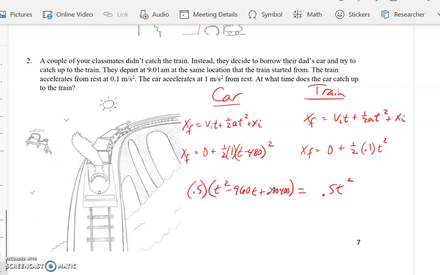That's 480 squared. So now I still have to distribute 0.5. So 0.5 t squared minus 480t plus 115,200 equals 0.5 t squared.